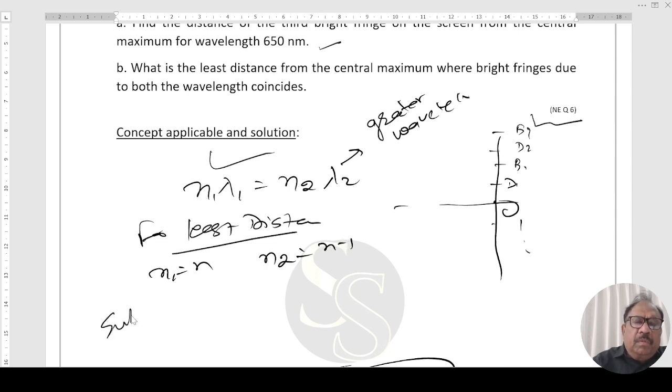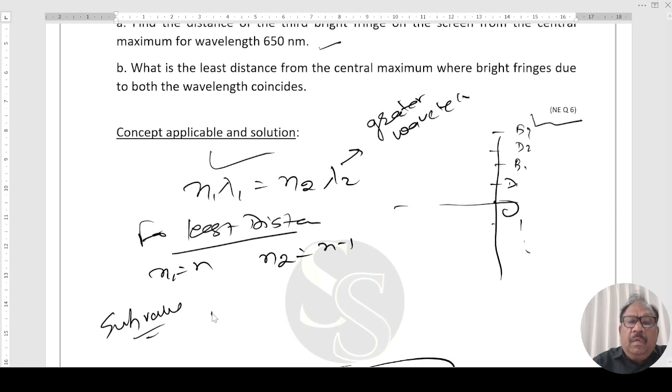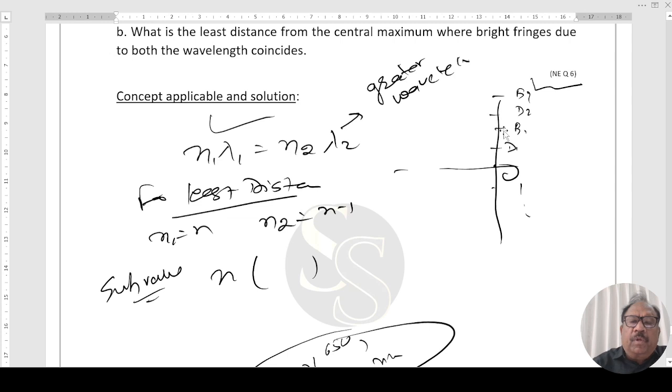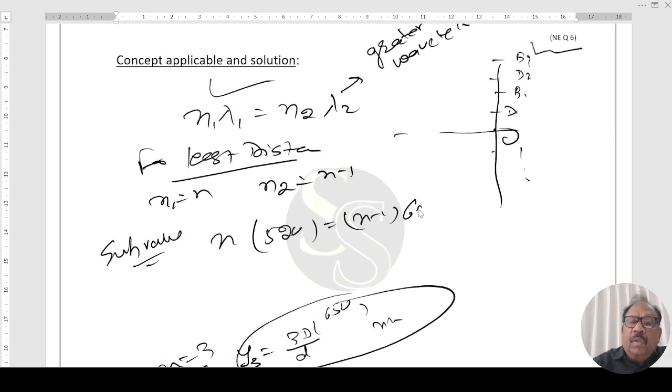So substituting values, n into the smaller wavelength, 520, equal to (n minus 1) into 650.